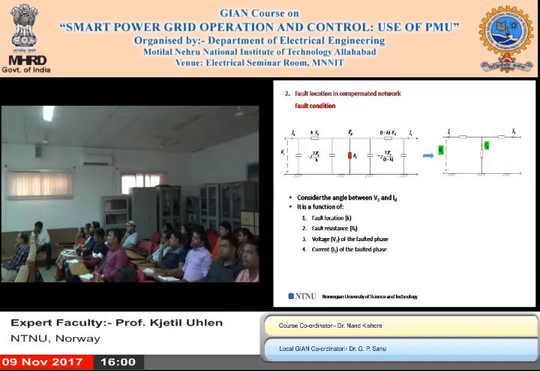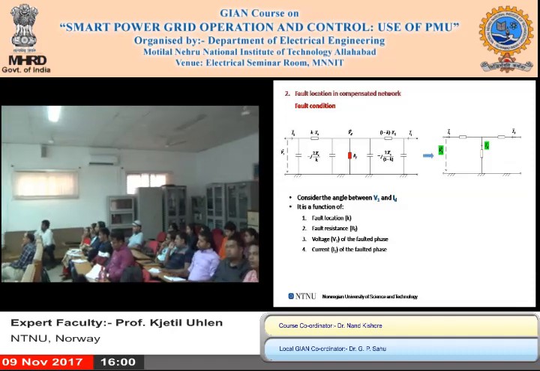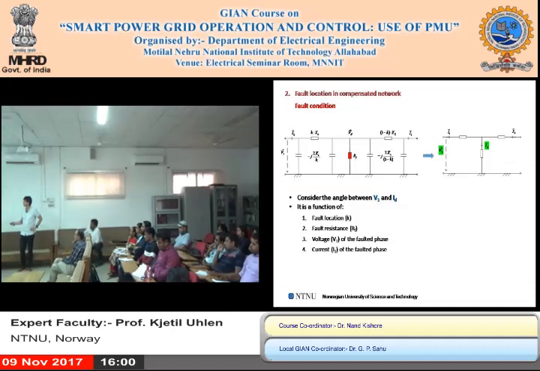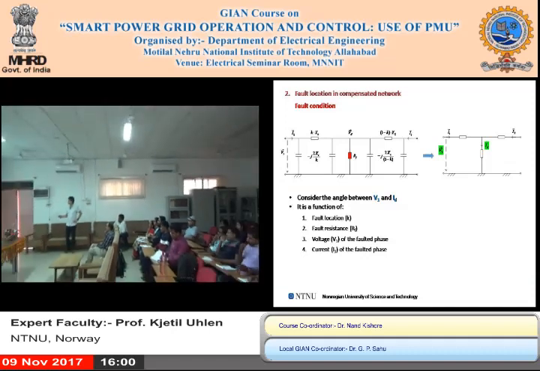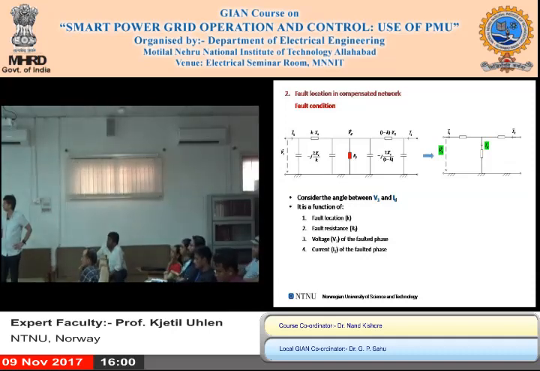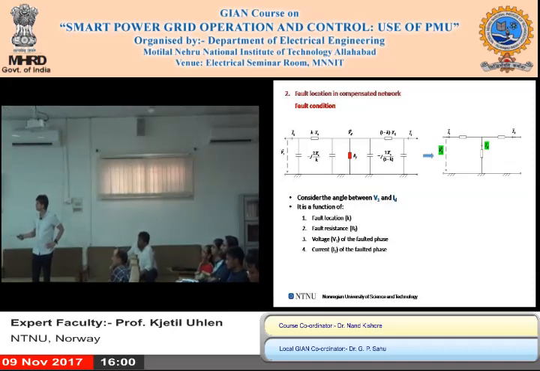And then you could make something like this. When you measure the differential current and the angle is up here, you're perfectly safe. When you are here, there is something, but when there is something wrong, when there is a fault, you are down here.